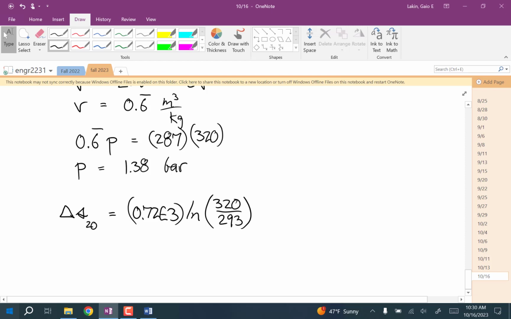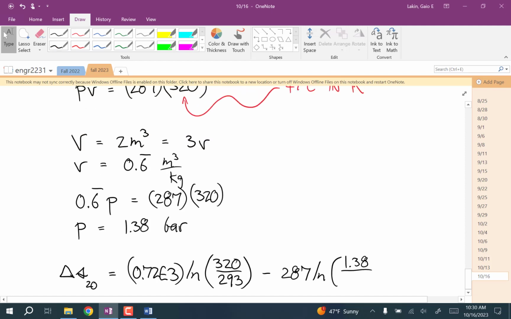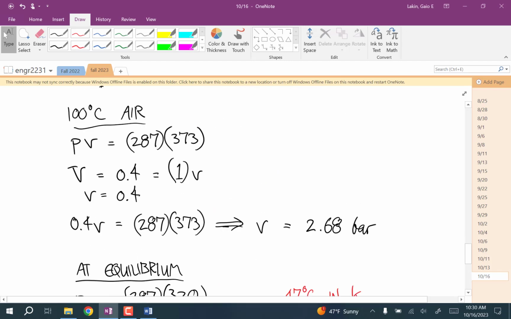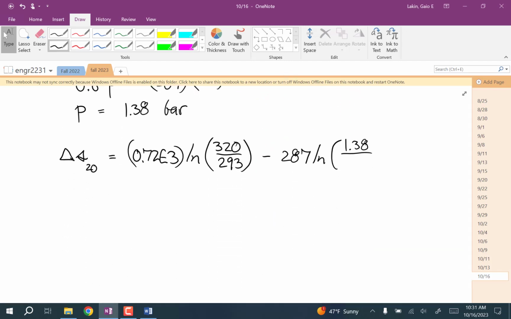And then we're subtracting 287 times the natural log of the final pressure divided by the starting pressure. And so if you calculate that, let's see, do I have that?